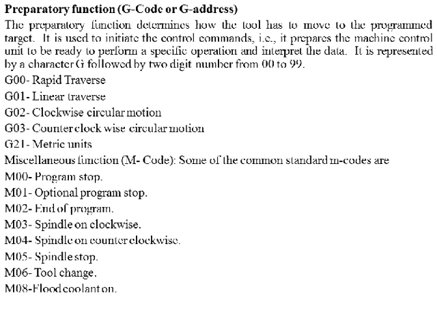M04 indicates spindle rotation in the counterclockwise direction. M05 indicates spindle stop. M06 indicates tool change. M08 indicates that the flood coolant should be on. These are a few of the standard M codes and G codes.